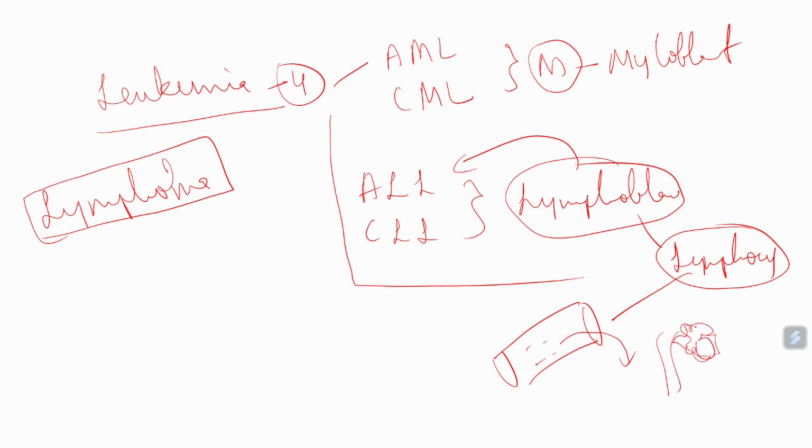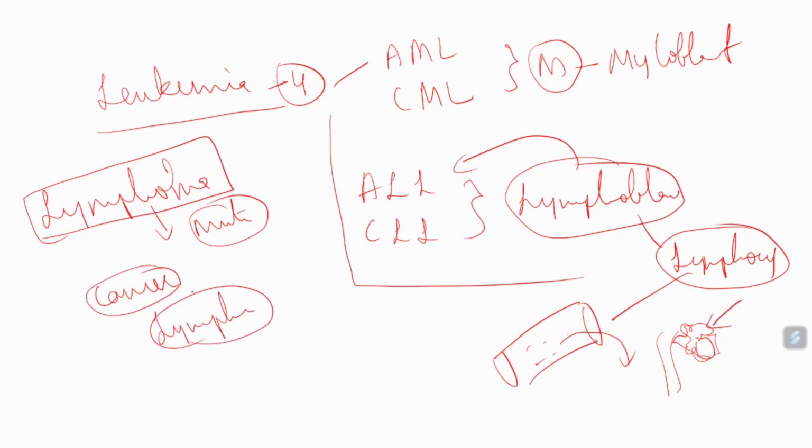Sometimes a mutation occurs in the lymphocytes, and they divide rapidly in the lymph node. The cancer or neoplastic cells in the lymph node is called lymphoma.